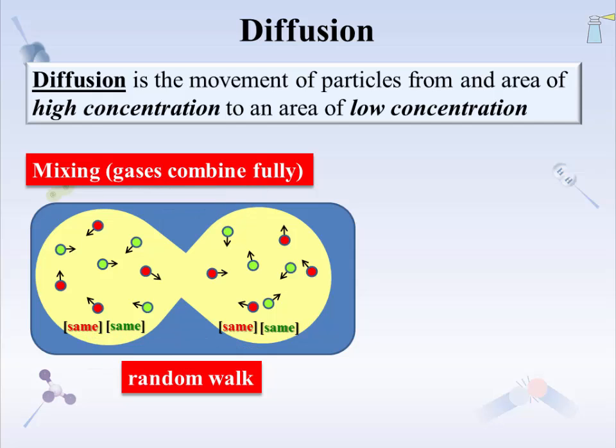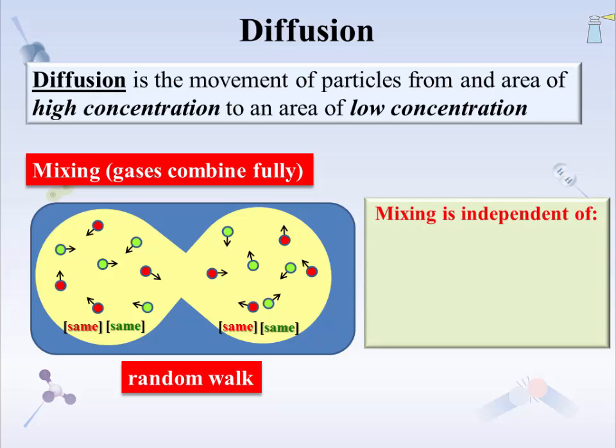When the diffusion is complete, both containers will have the same concentration of red sphere particles and the same concentration of green sphere particles. The gases mix completely. The mix is a homogeneous solution. Since mixing is a combination of individual diffusion processes, it is independent of the type of gases being mixed.